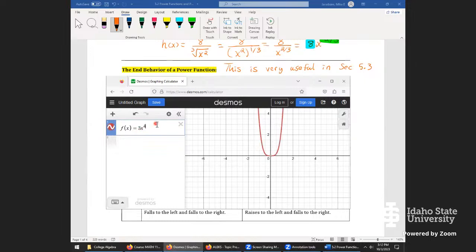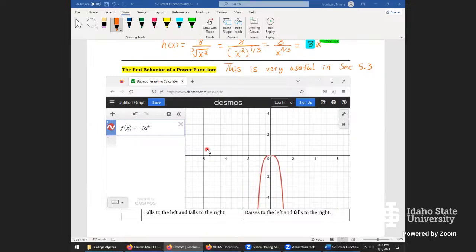We change the power to say power 4. That's no longer a parabola, but it looks an awful lot like one. It's more flat over here by 0, and it becomes more steep on the edges. But it's still going up to the left, rising to the left, still going up on the right-hand side, so rising to the right.